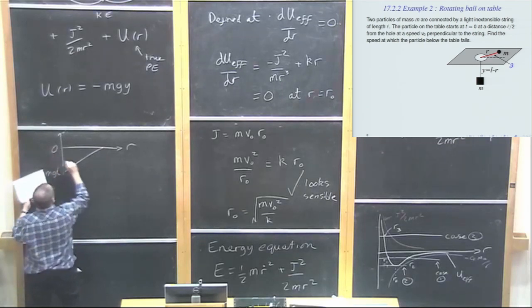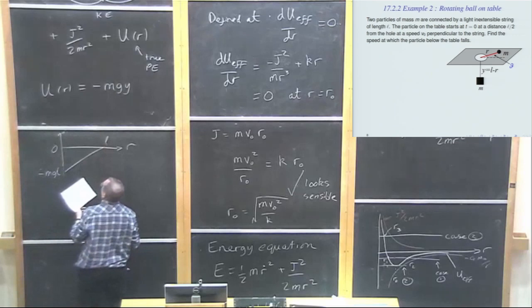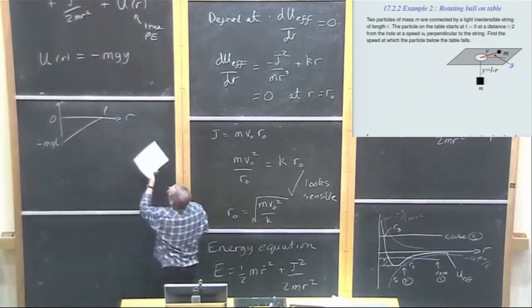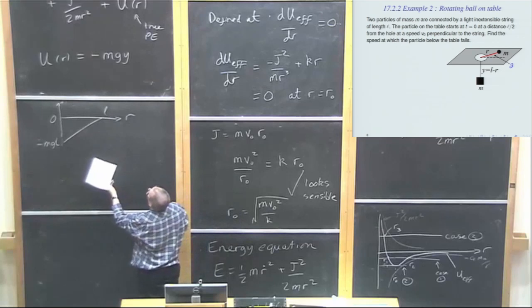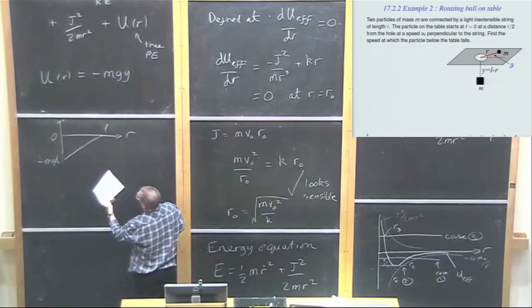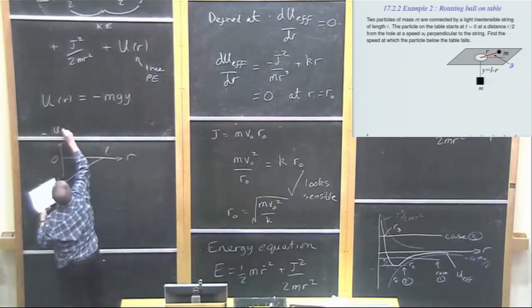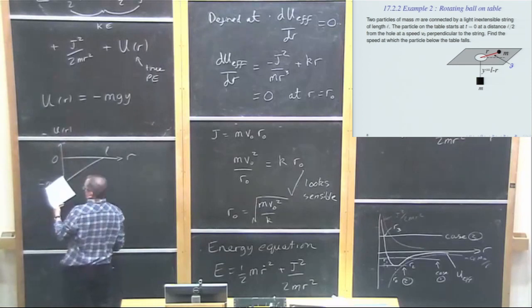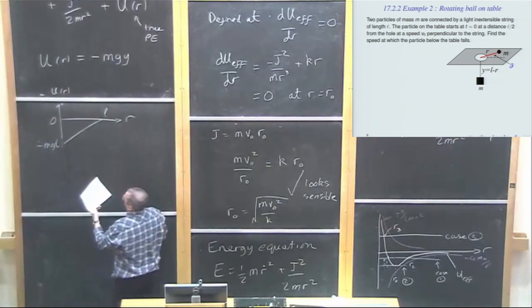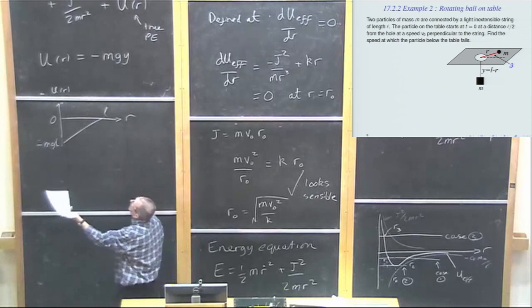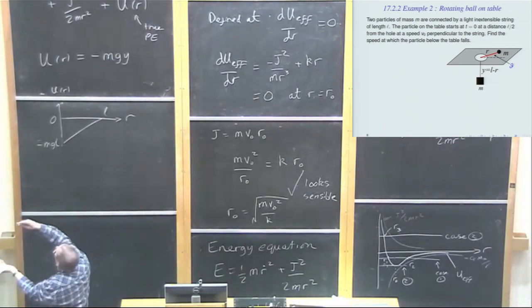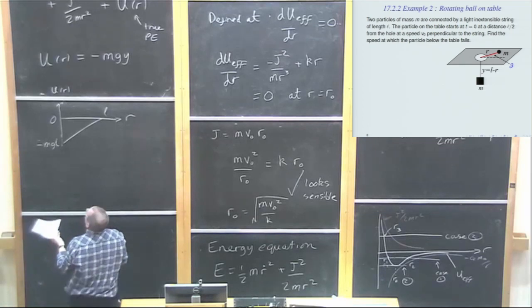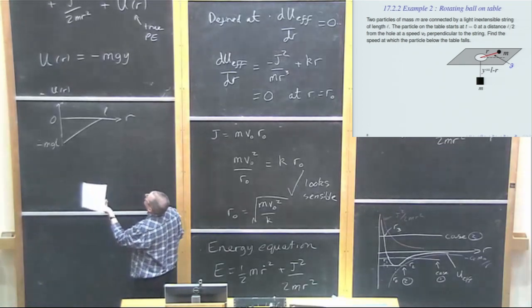This is 0. This is L. Okay, so this is U of r. So the bigger r is, then the smaller the amount of string below the table, the higher the mass is.